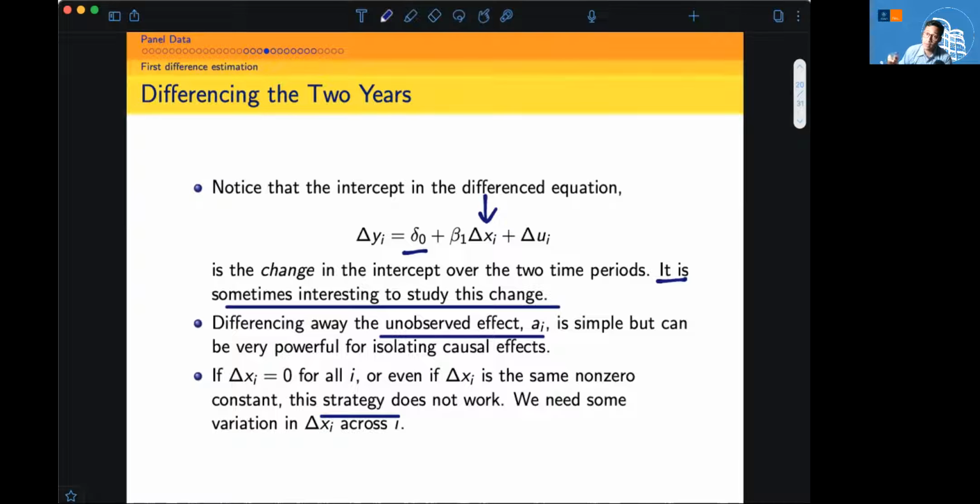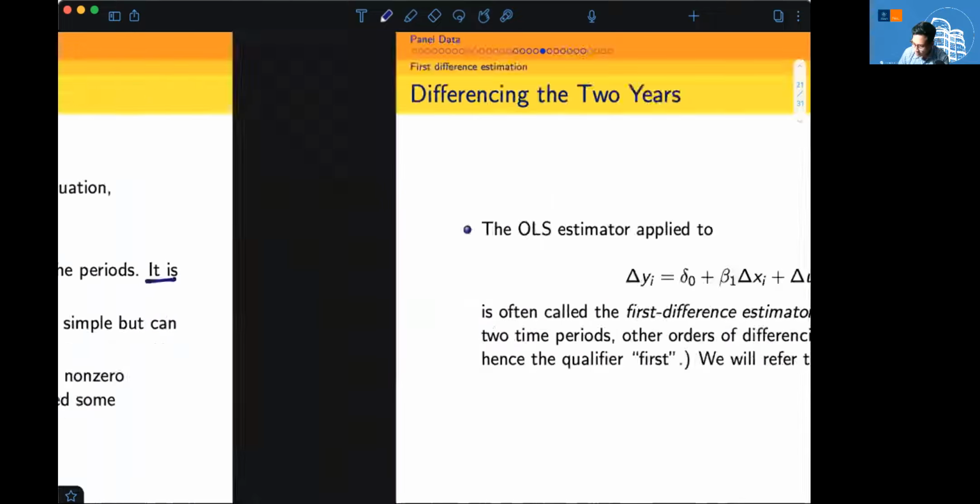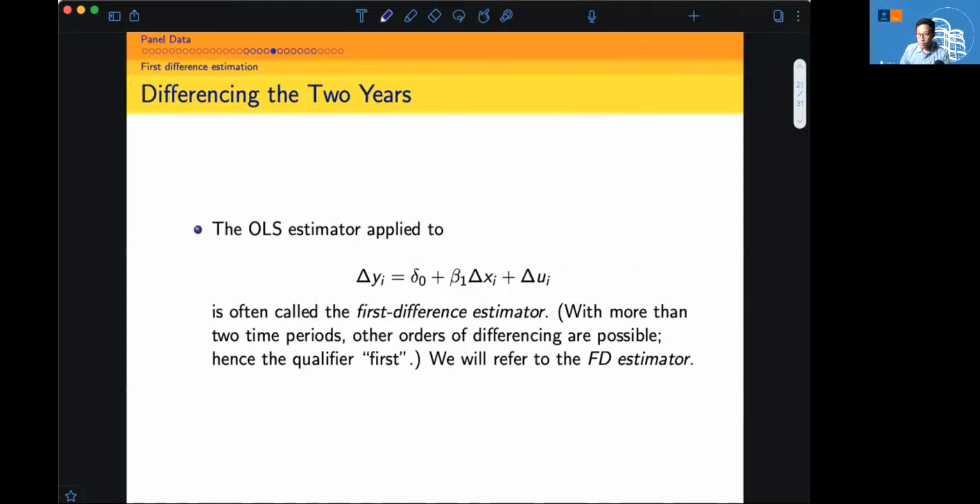We need to identify the effect of a particular variable that changes on the outcome variable of interest, so X here needs to change. Later on, we can include more explanatory variables in the data set. We can use simple OLS to estimate the change in Y on the change in X. This is also called the first difference estimator.